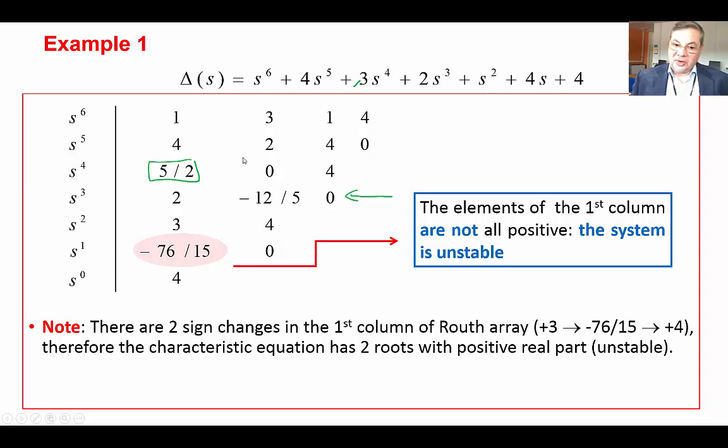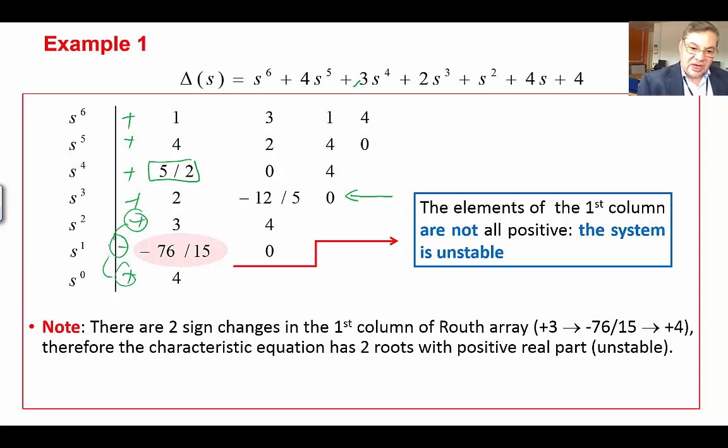So that's 5 divided by 5 over 2, which gives 2, and so on. We end up finding there is a change of sign here. How many changes of sign? Be very careful. This is positive, positive, positive, positive, positive, negative, positive. So how many times has the sign changed? From positive to negative is once. From negative to positive is the second time.